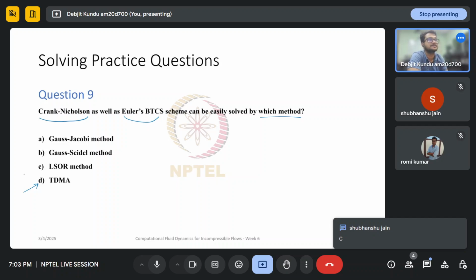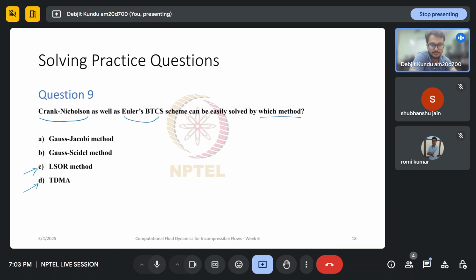Option C, that is line successive over relaxation. Okay, let's take a look at the solution, and it's actually option D, TDMA.